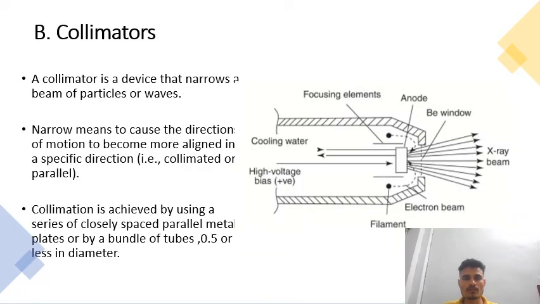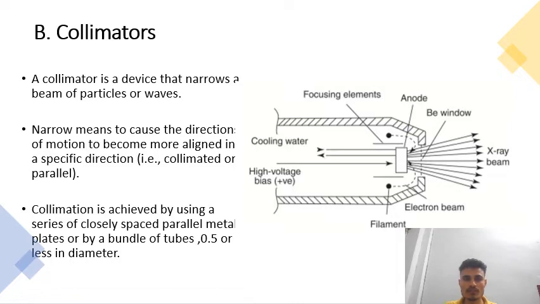Now the second component is the collimator. A collimator is a device that narrows a beam of particles or waves, which means this collimator is used to narrow the beam so that the direction of motion becomes more aligned in a specific direction.